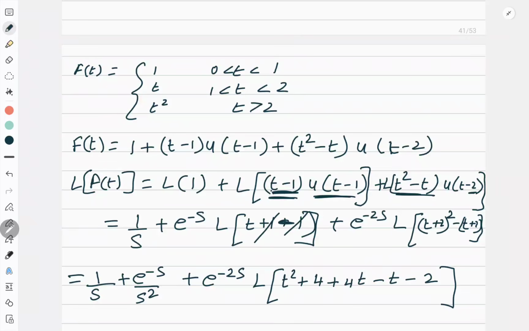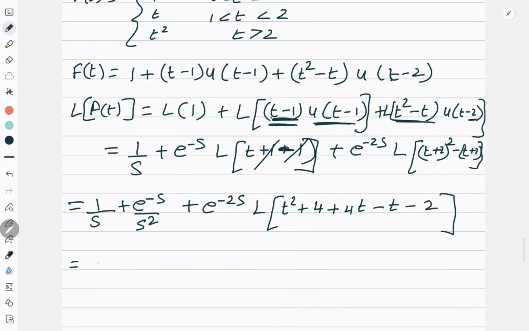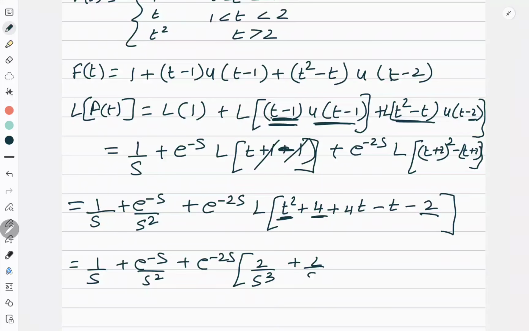Now t square is only 1, so what is the Laplace of t square? 2 by s cube. This 4 and 2 become 2. What is Laplace of 2? 2 by s. 4t minus t is 3t, right? So plus 3, what is the Laplace of t? 1 by s square. So this is my answer.